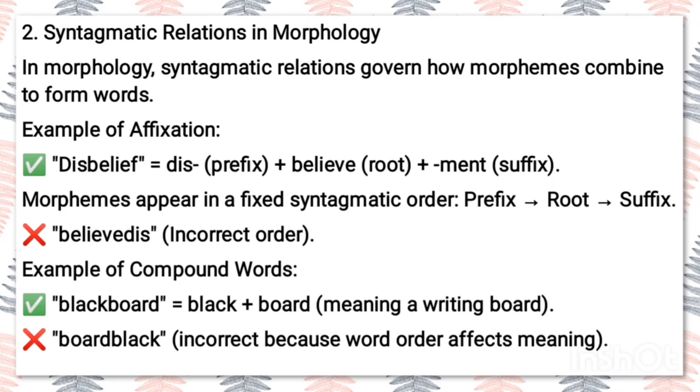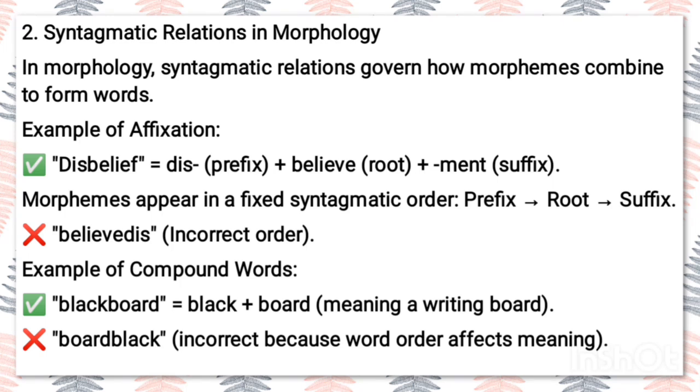The morphemes dis, believe, and ment must occur in this specific order to form the word disbelievement. If you change the order, such as ment believe dis, it becomes incorrect because morphemes must combine in order.